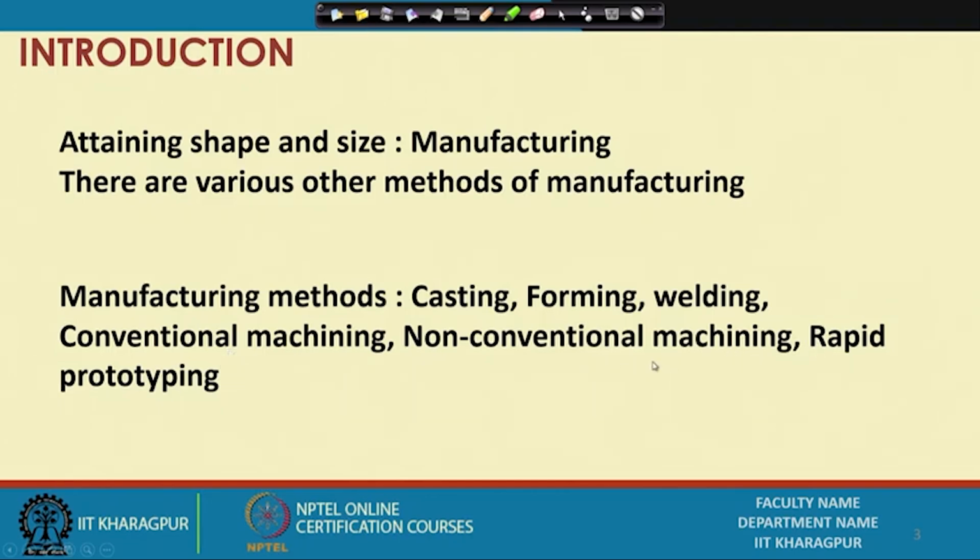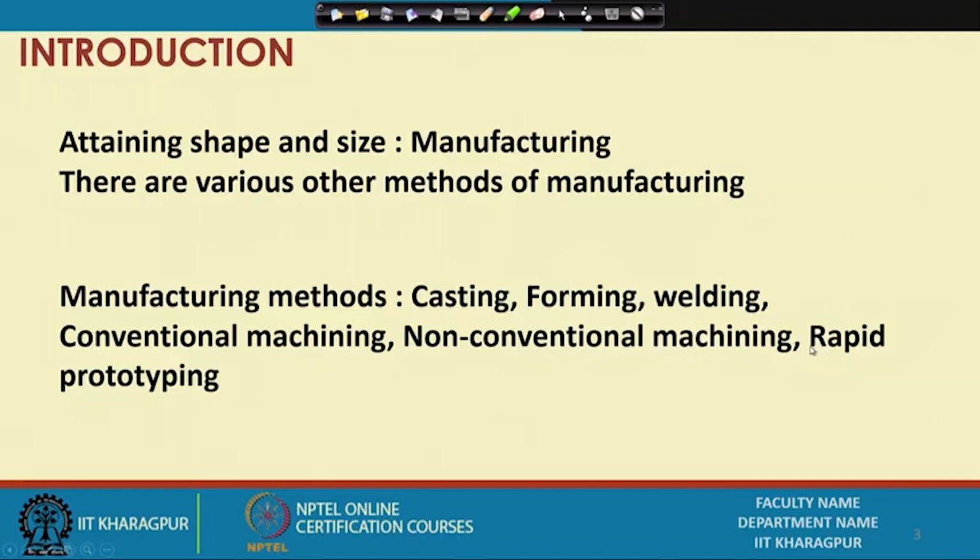Rapid prototyping. Just like you are removing material and attaining a particular shape, that means you are moving by subtractive principles. We are subtracting certain volumes from a main volume and attaining a definite shape and size. In the same way, we might be adding on, that means we might be going for additive manufacturing.